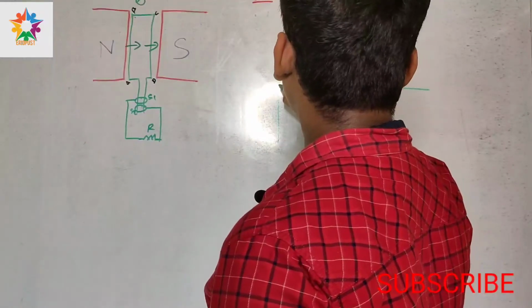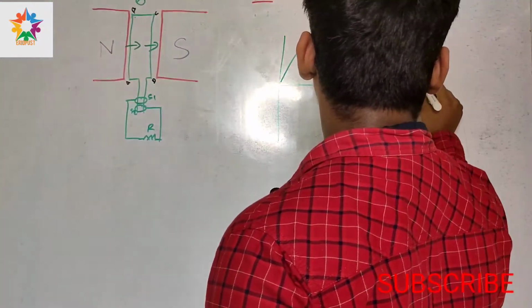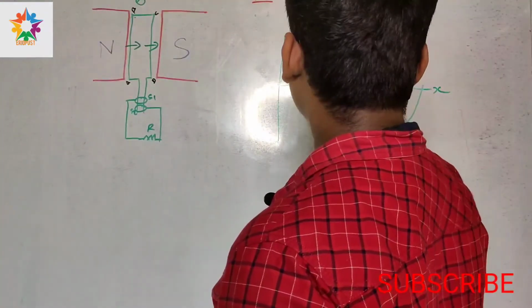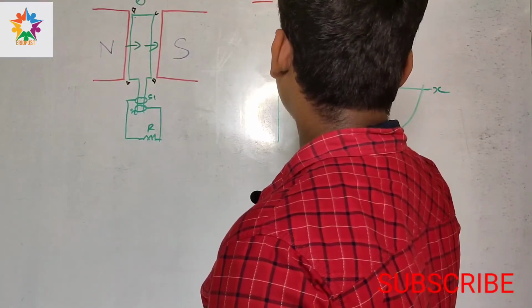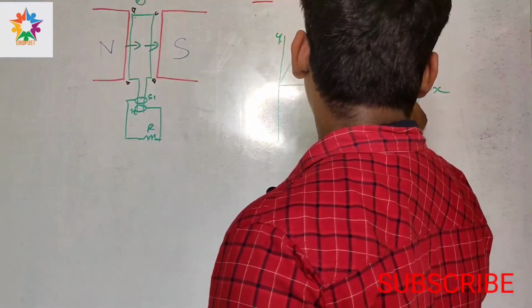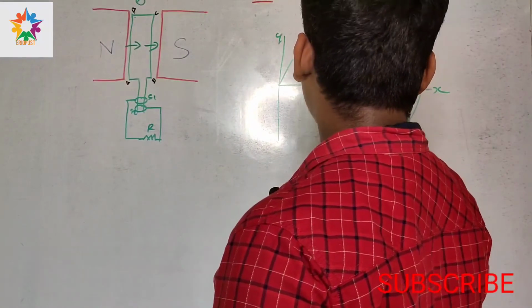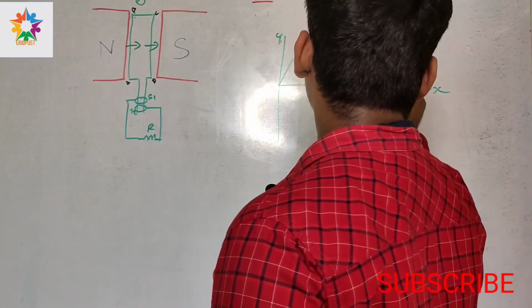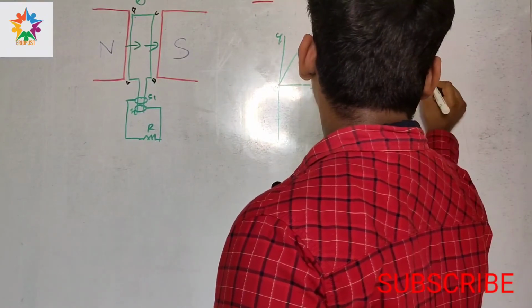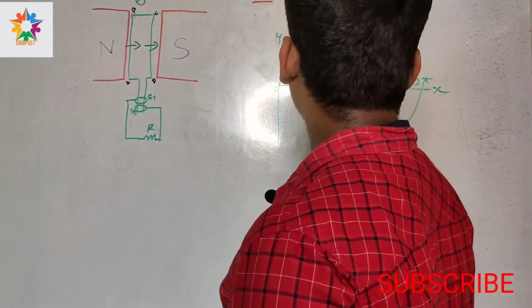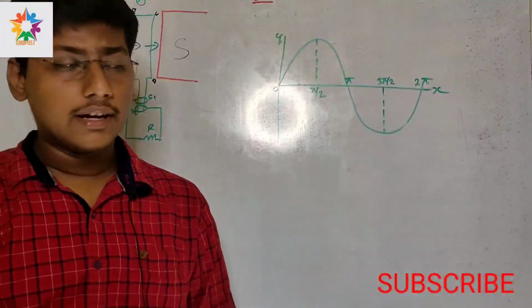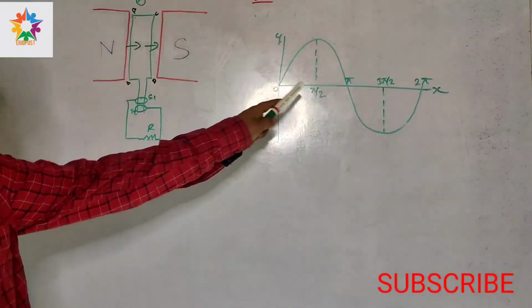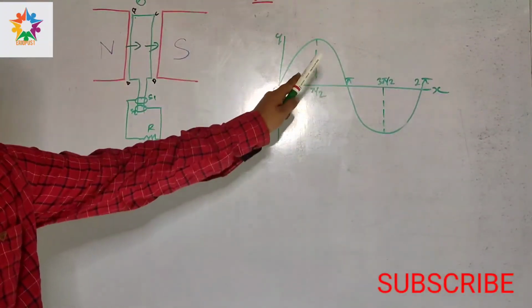It will again be in the form of a sine graph. Here we have our x-axis, here we have our y-axis. This is our topmost maxima at positive, this is our maxima at negative, this is 0, this is pi by 2, this is pi, this is 3 pi by 2, and this is 2 pi. Okay, this is the value we get when we plot a graph for an alternating quantity. This is the standard graph.